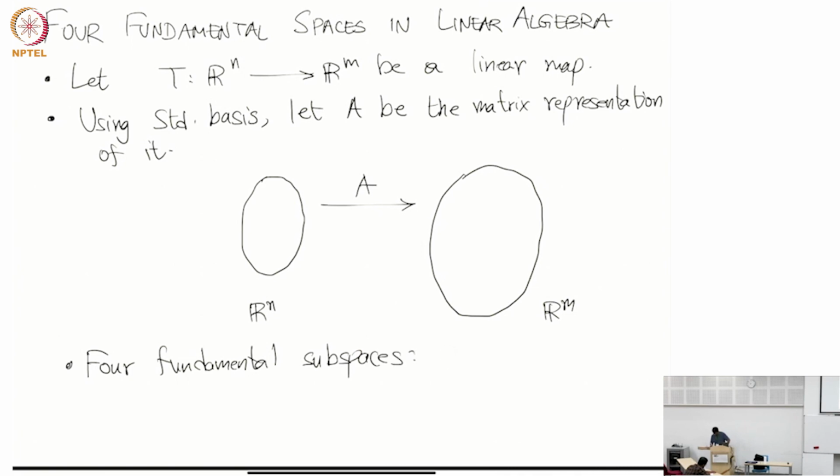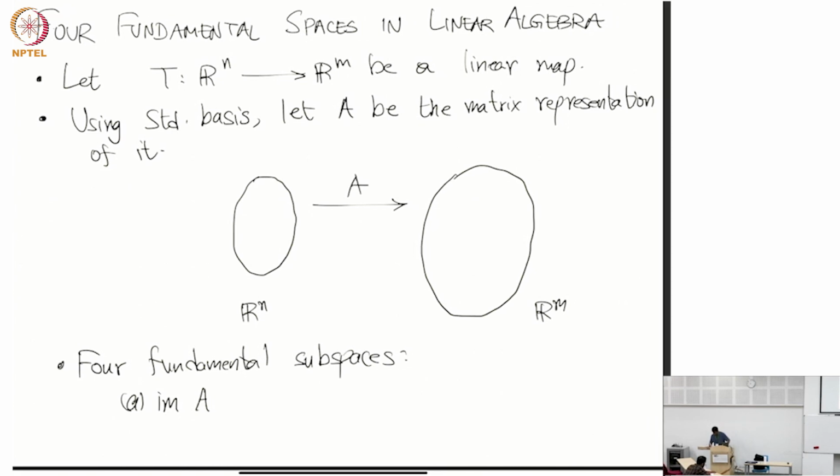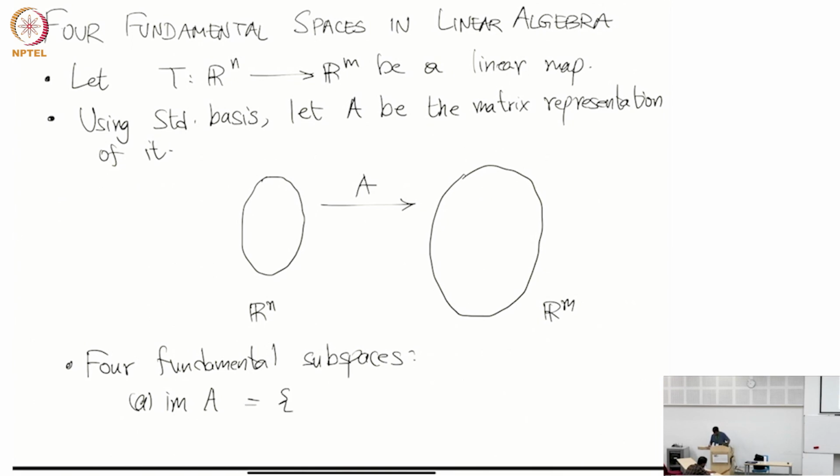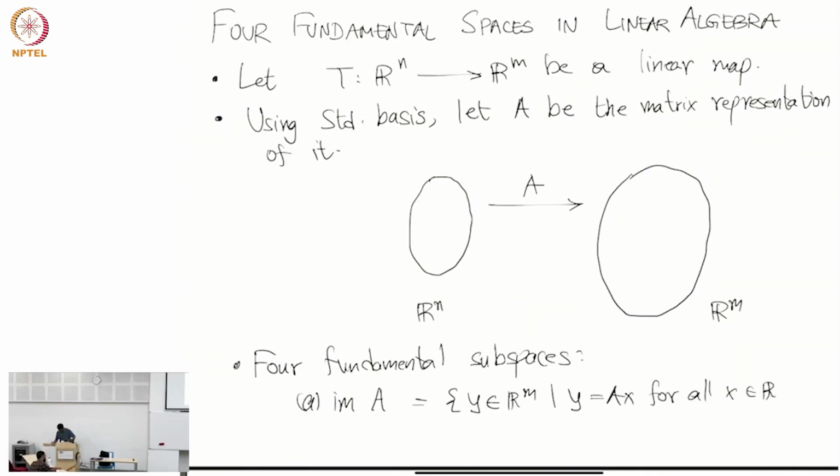So let me write it as the image of A, the image of this linear transform, which I can define to be all y in Rm such that y equals Ax for all x in Rn.